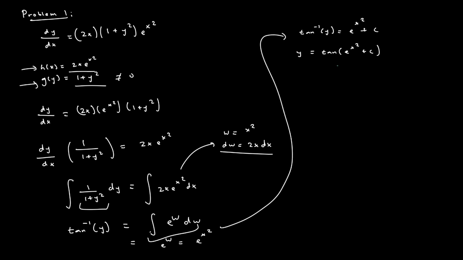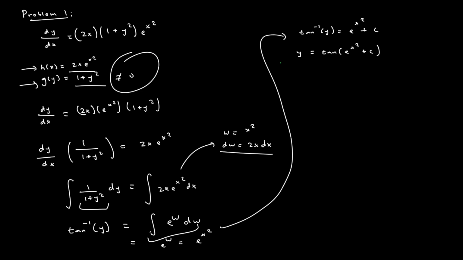And generally we need to make sure that we specify that this function that we just ended up with does not take on the value of y equals 0, because that is an important assumption we made when doing this step.